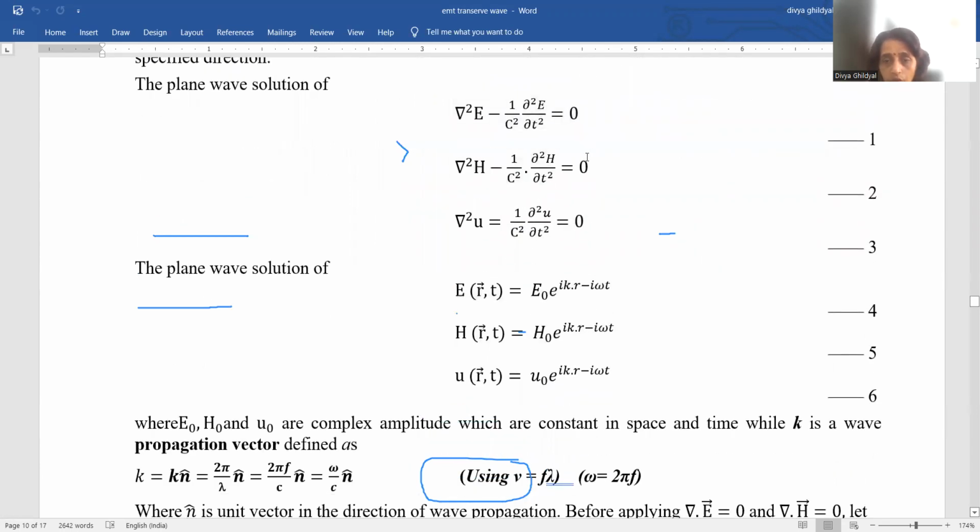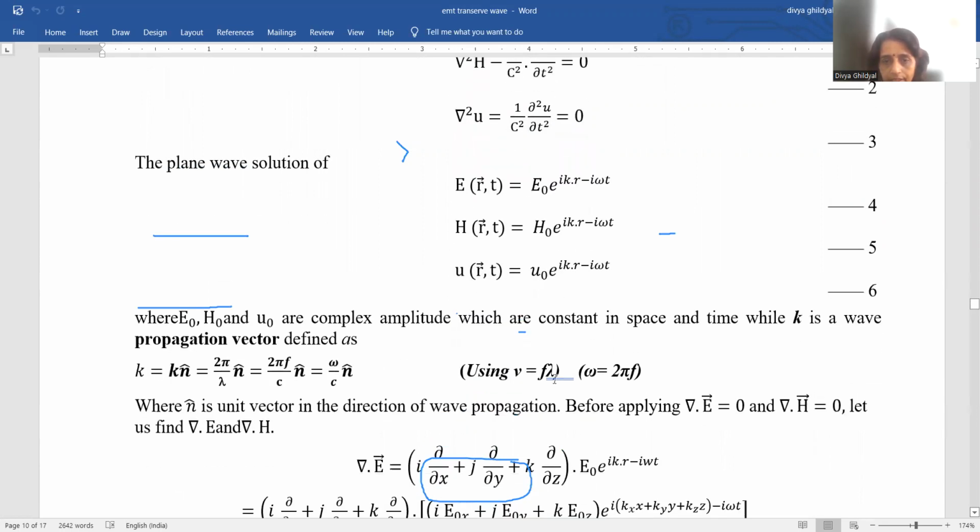You don't have to show the derivation here, but the plane wave solution in general takes this form for electric field, magnetic field, and any arbitrary equation with which we are going to do the comparison. Now note that in this expression we have found the solution in complex form, E equal to E naught e to the power i k dot r minus i omega t.